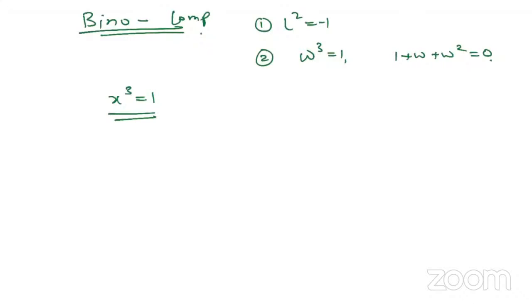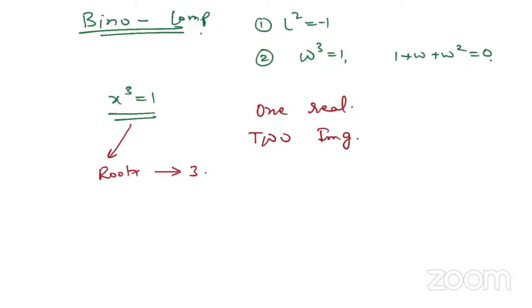Actually, the number of roots in this case is 3. Of these, 1 is real and 2 are imaginary. You have both. 1 real root is nothing but x is equal to 1, and the 2 imaginary roots are omega and omega square.